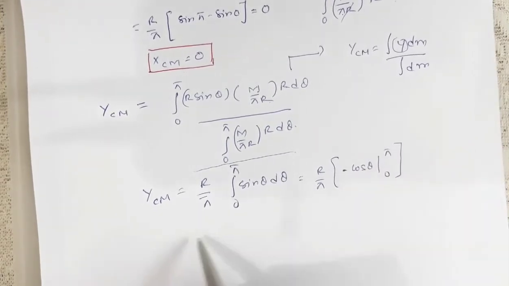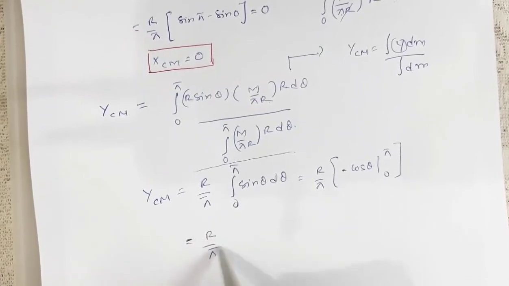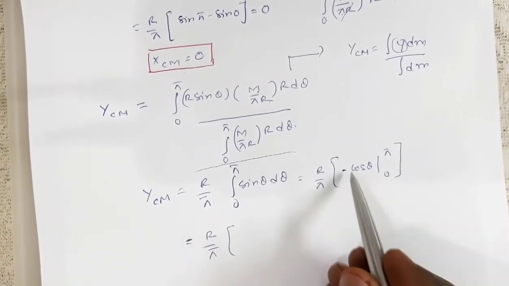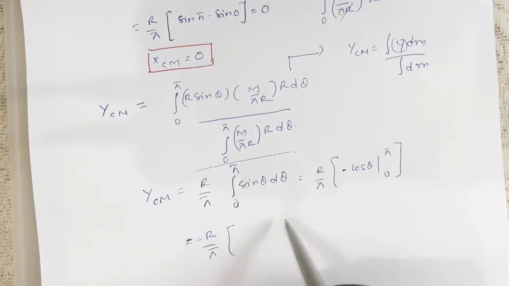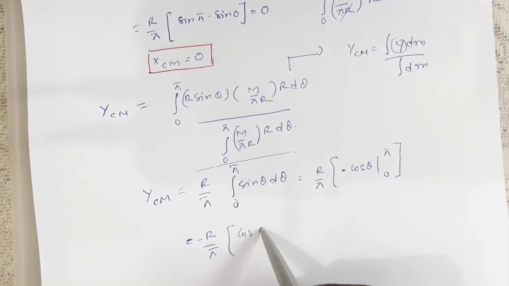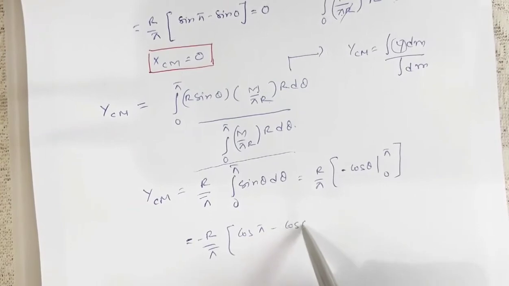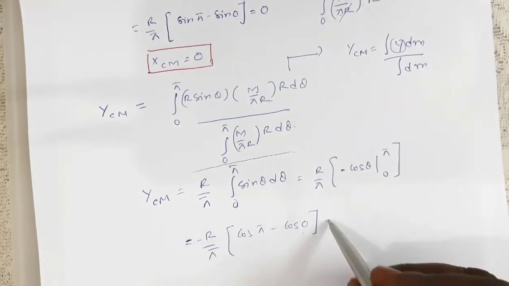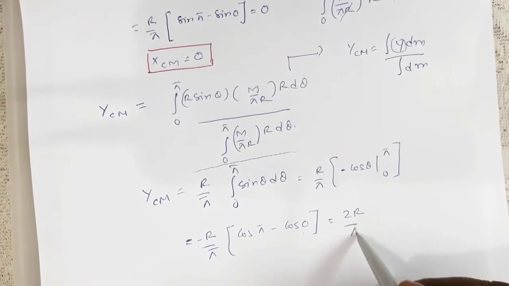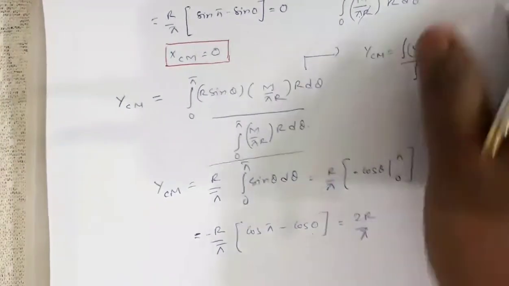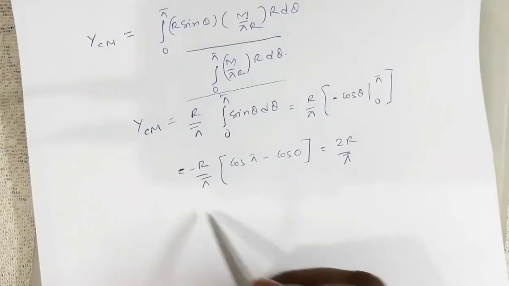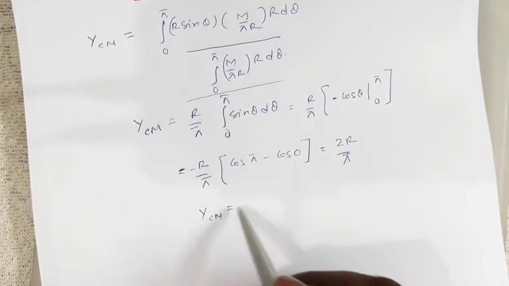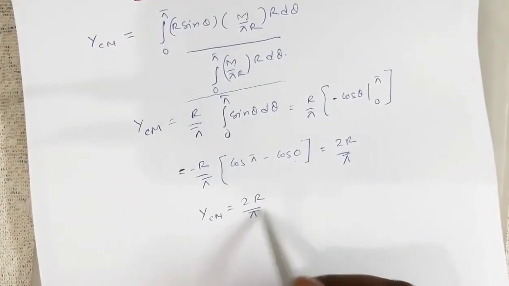Let's take the minus sign outside, so this is cos pi minus cos 0. Cos pi is minus 1, cos 0 is 1, so minus 1 minus 1 is minus 2, and with the minus sign outside, this is twice r by pi. That means we have the y coordinate of the center of mass as twice r by pi.